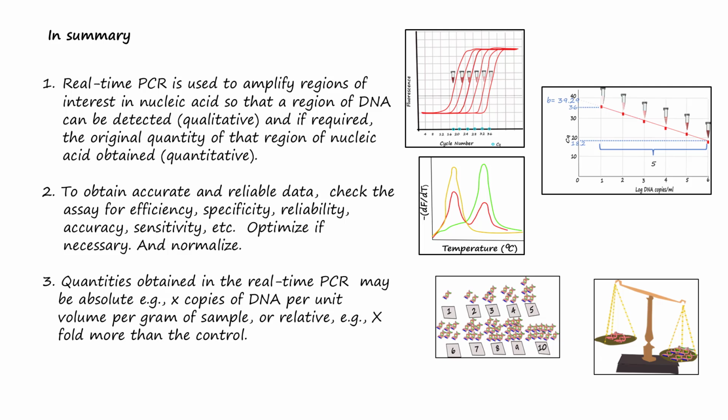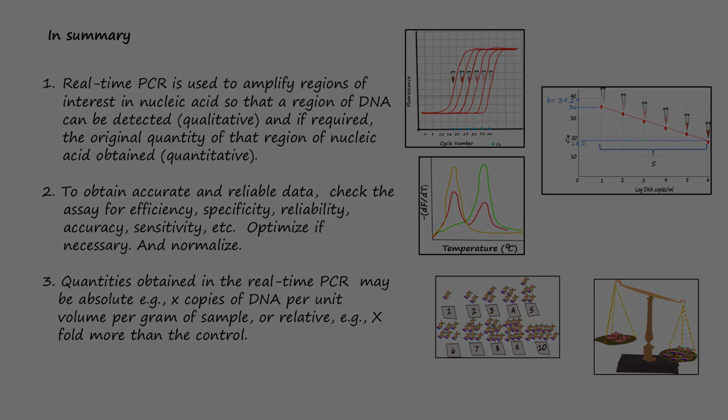If necessary, optimize the reaction. Also, normalize values. 3. Real-time PCR quantification of starting quantities of DNA may be absolute, for example X copies of DNA per unit volume per gram of sample, or relative, for example, the sample has X-fold more DNA than the control.